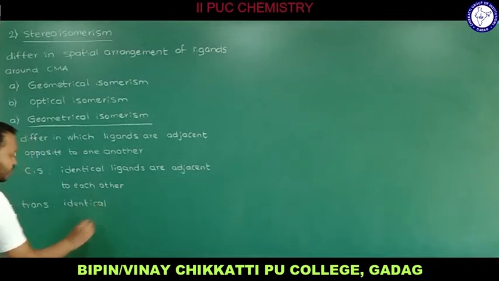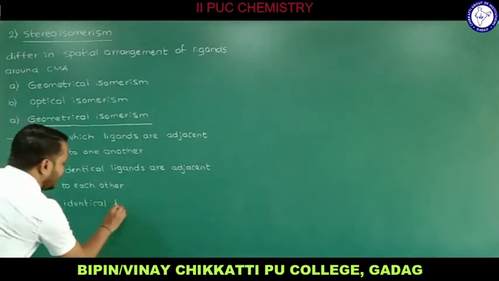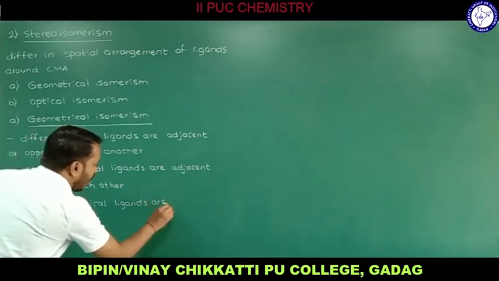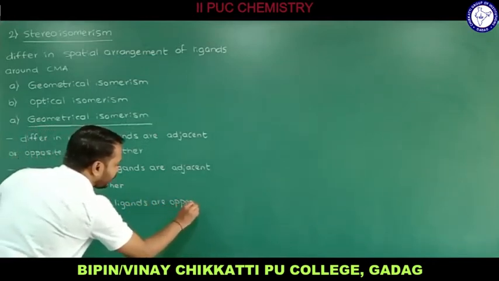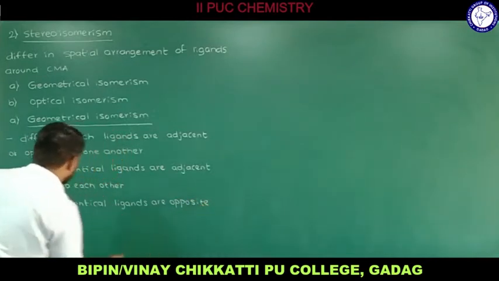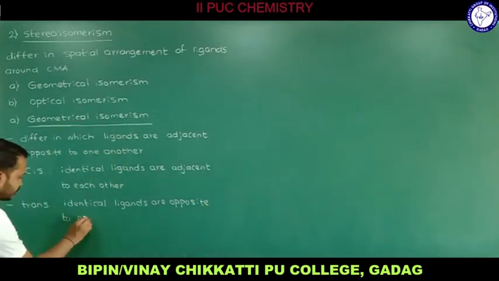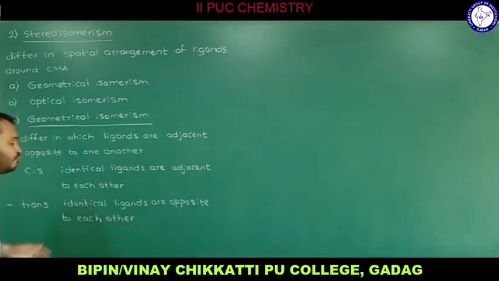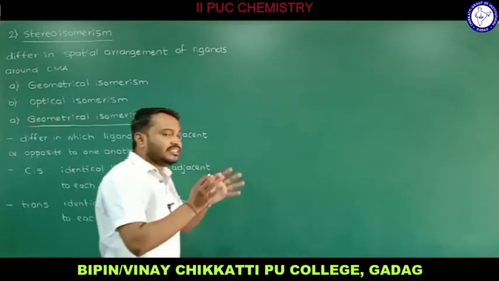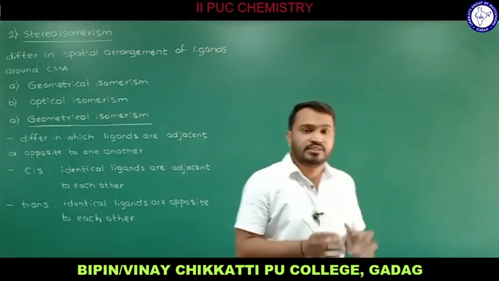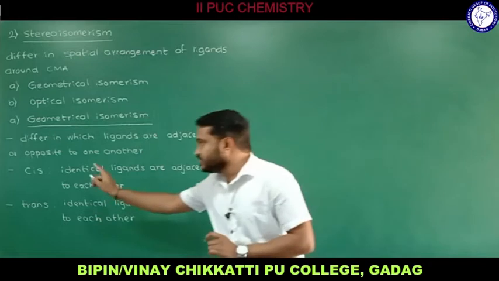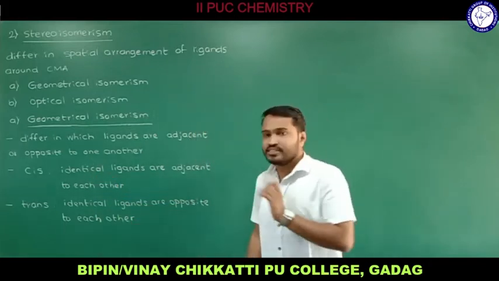In this trans isomer, identical ligands are opposite to each other. So based on the position of ligands, whether they are adjacent or opposite to each other, we name the geometrical isomers as the cis isomer and the trans isomer.